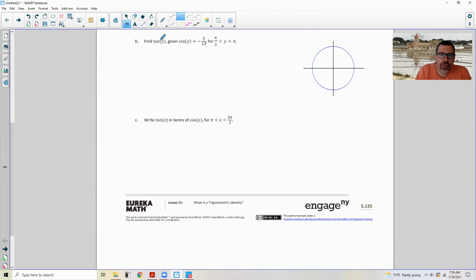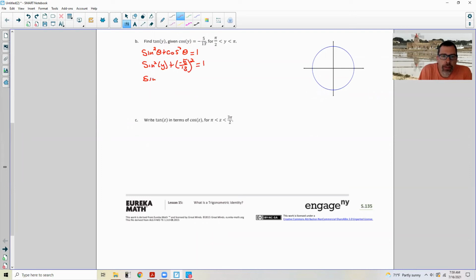Part B says find the tangent of y given the cosine of y equals negative 5/13. So again, we're going to write sine squared theta plus cosine squared theta equals 1. And then we're going to say sine squared y plus, and if cosine of y is negative 5/13, then cosine squared of y would be that negative 5 over 13 squared, equals 1.